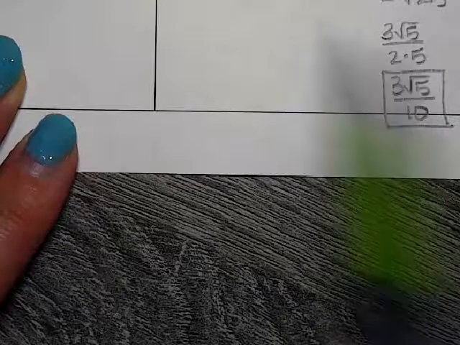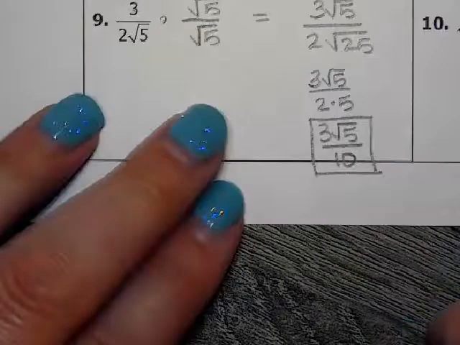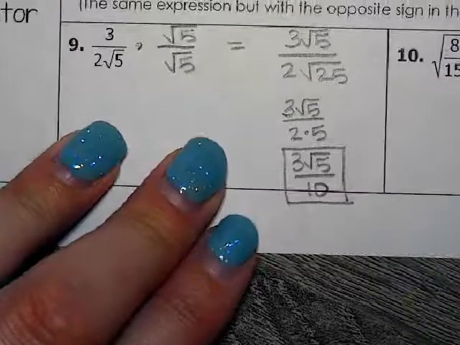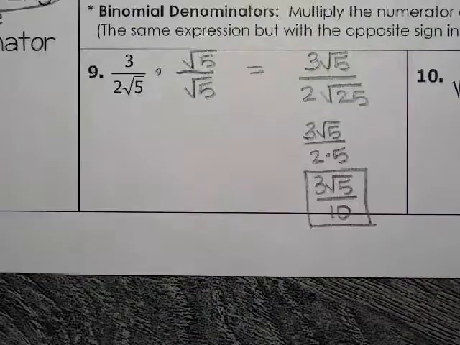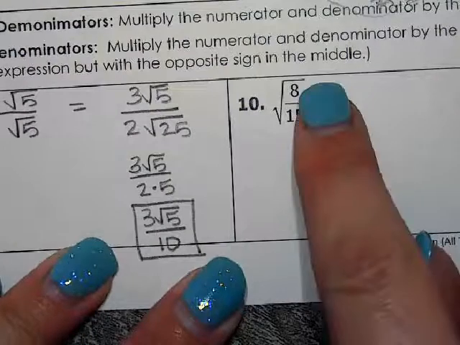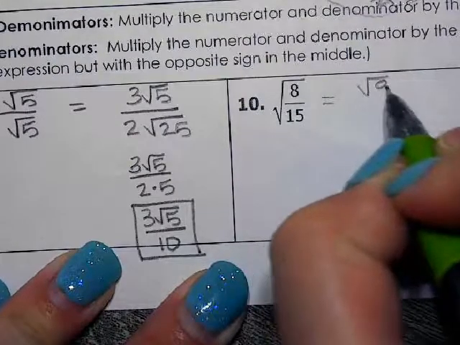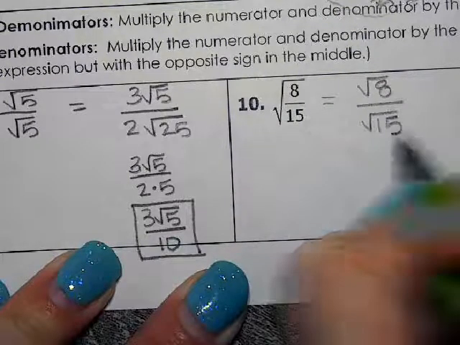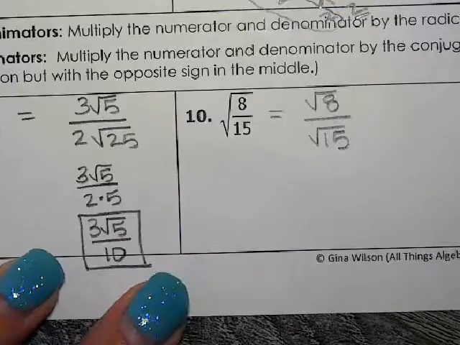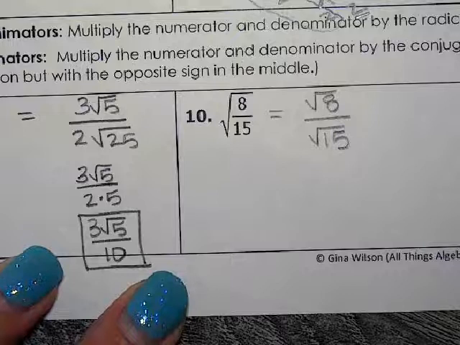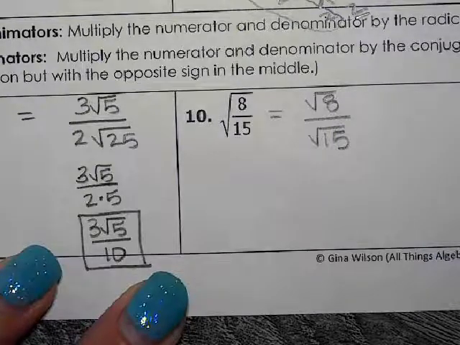Okay, so we're going to do the same thing again. So this one, number 10, I'm going to split this apart. So root 8 over root 15. The root 8 on top, we can simplify, but the root 8 is not the problem. The root 15 is.